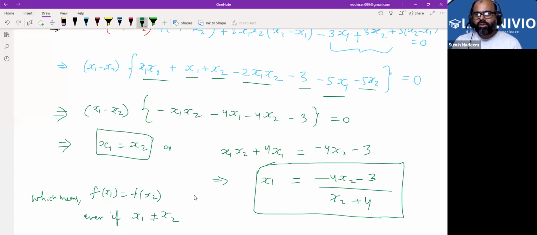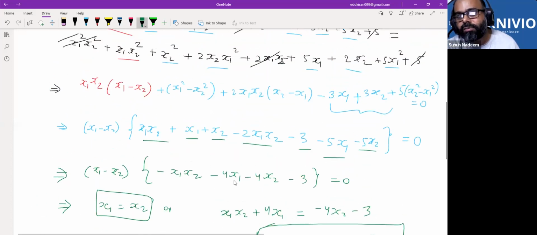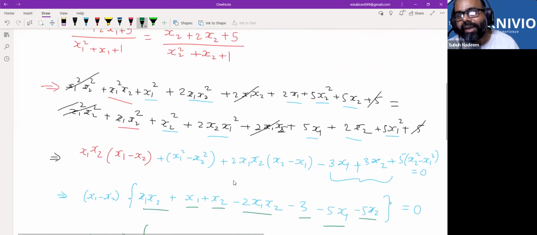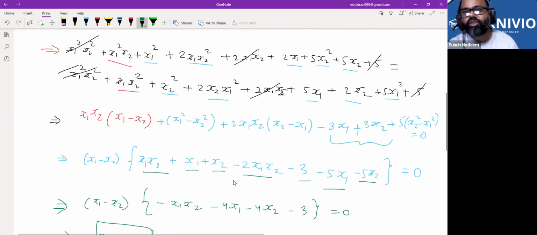So this is many-one, right? For one-one we get only one condition, that x1 is equal to x2. Here we are getting another condition also, where x1 is not equal to x2. So you can start writing from here, and I will scroll down when we complete writing.